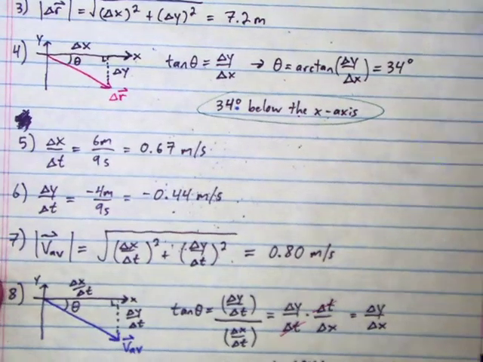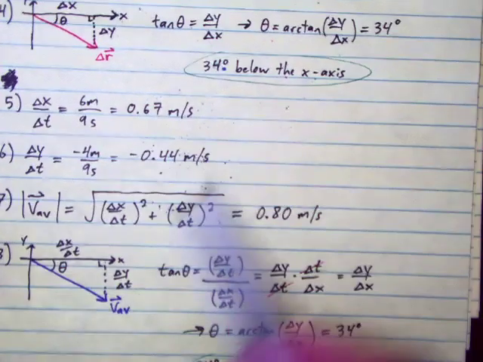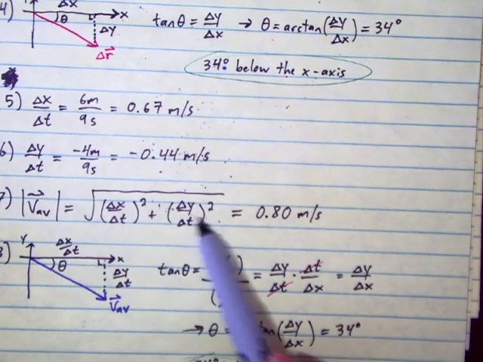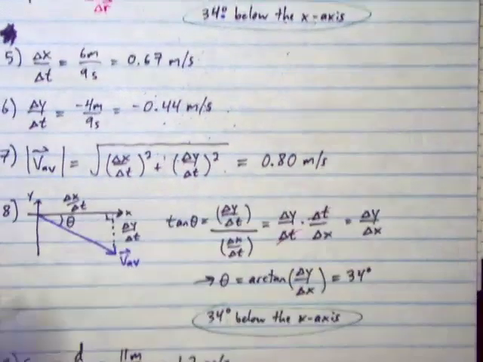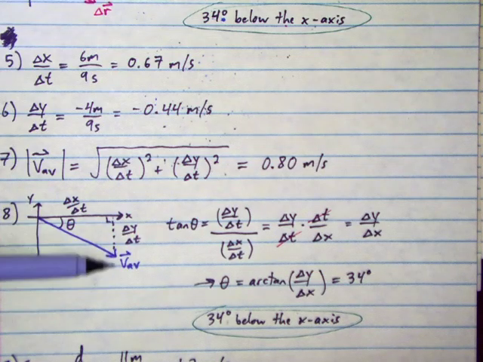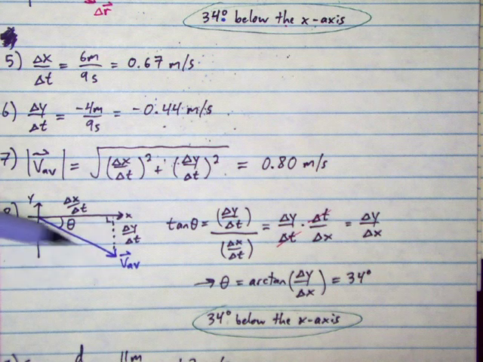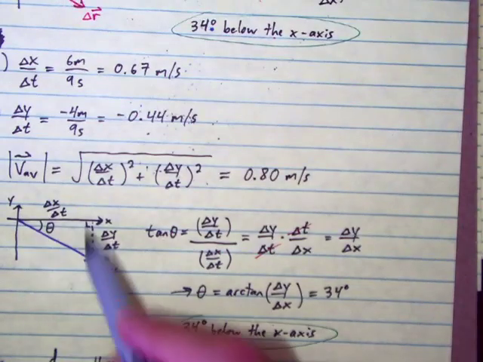Okay, and then looking at the components of the average velocity, the x component, the y component, then add them using Pythagorean theorem to find the magnitude of the average velocity. Same thing to find the angle here. We're going to redraw the average velocity vector as if it were coming out of the origin of its own little personal xy axes here. These are the legs of the triangle.